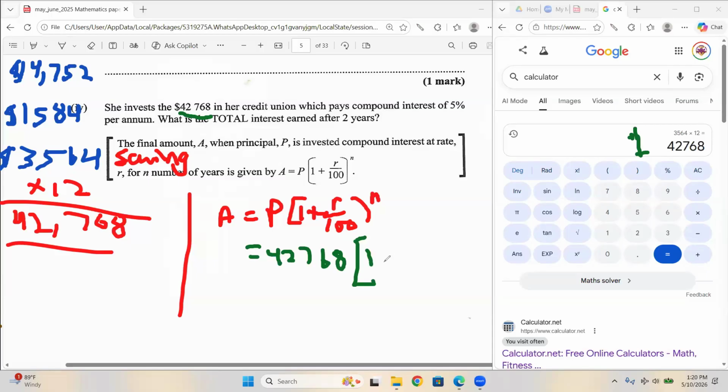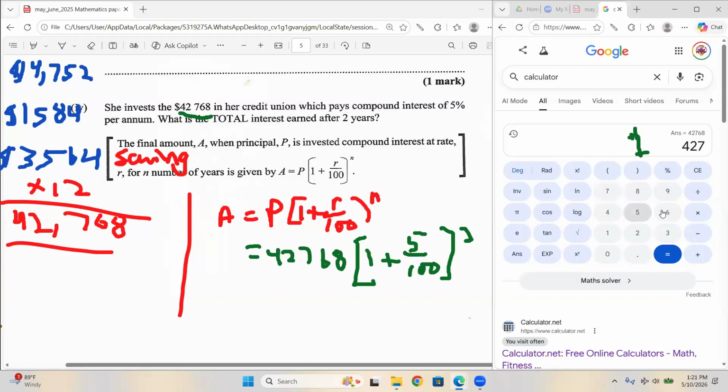We have one add the rate, which is 5%, so 5/100. The power was 2 years, so we put the power 2 over here. Now I'm going to put that in the calculator. You all think I was going to work this manually? I don't think so.